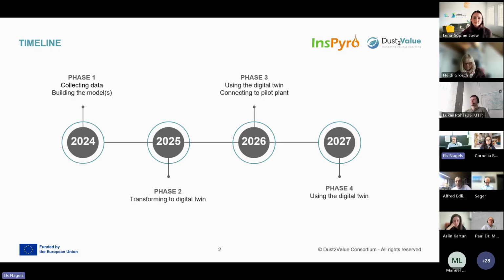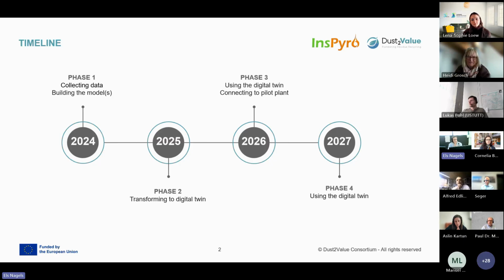I try to sketch here a bit of a timeline for the digital twin. So we started indeed 2 years ago for the digital twin work package. That means that you start by collecting data available in literature, you start investigating the thermodynamics and use that state-of-the-art knowledge available to build a first model, and this model will then be elaborated over time.